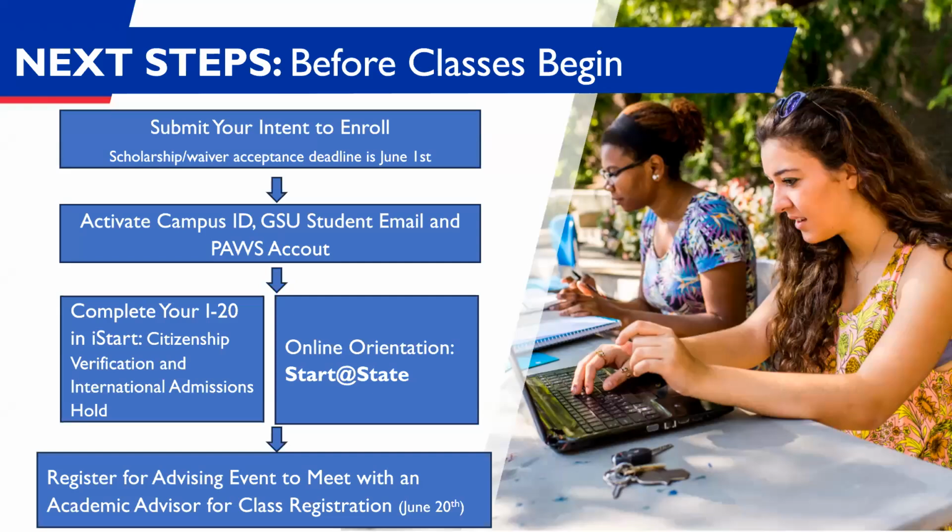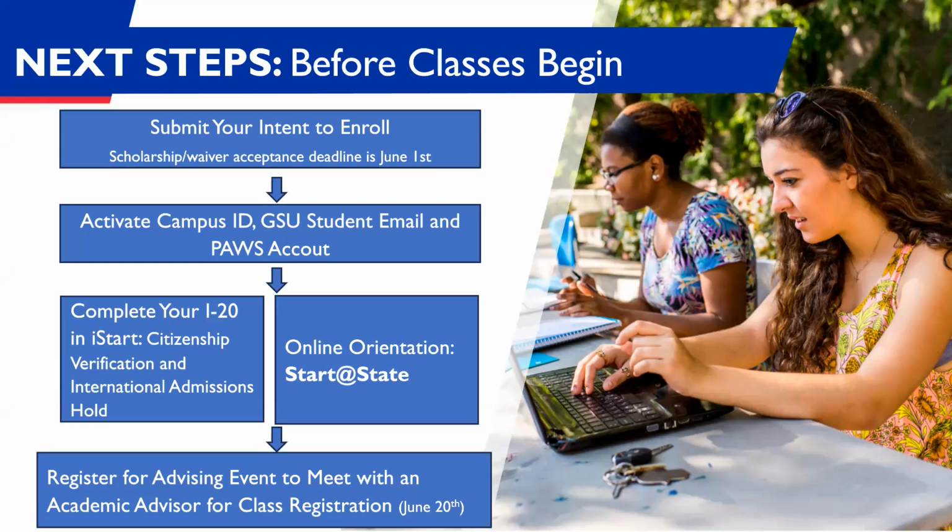Absolutely, you will get the right answer. How to set up my Georgia State University PAWS account. Don't just say how to activate my student email, because that will give you hundreds of answers from all different institutions. We have over 4,500 higher ed institutions in the United States. Can you believe it? So when you ask in Google or any AI apps, make sure you ask the right institution, which is Georgia State University.